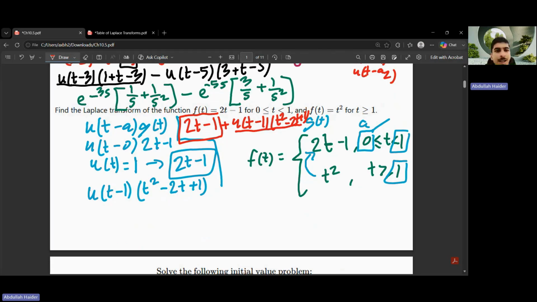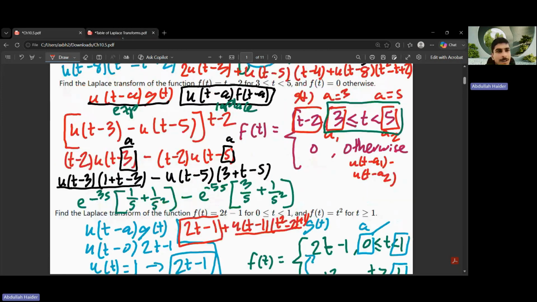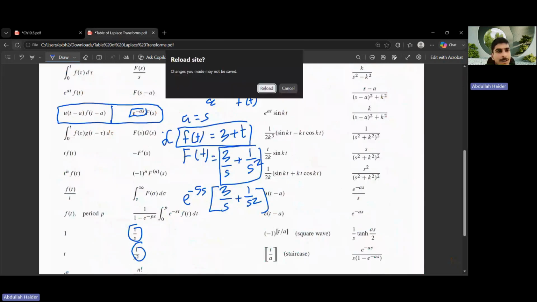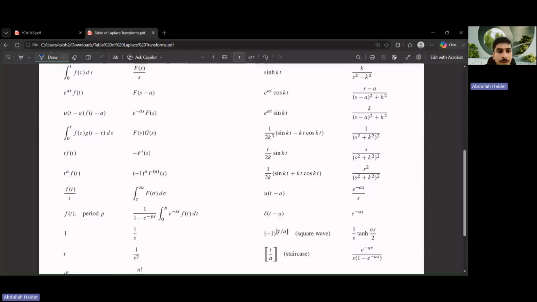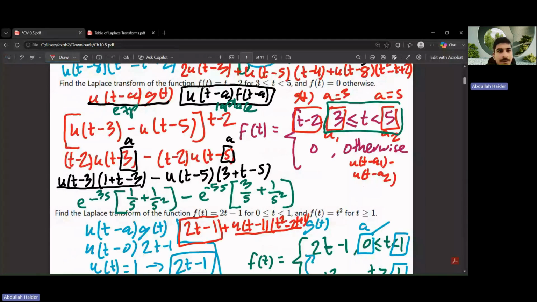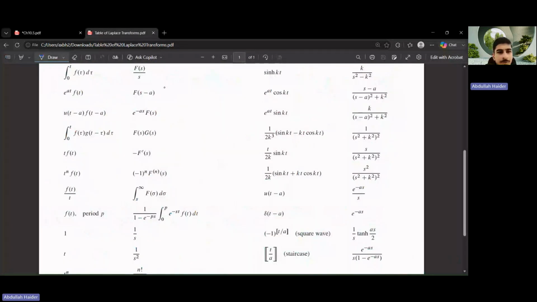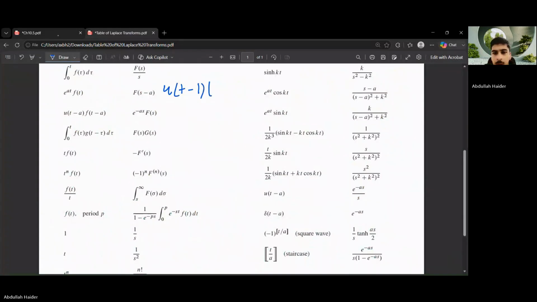And as I said before, when you want to find the Laplace, you need it in this form, u(t minus a) f(t minus a). So let's do this. You have u(t minus 1) times (t squared minus 2t plus 1).